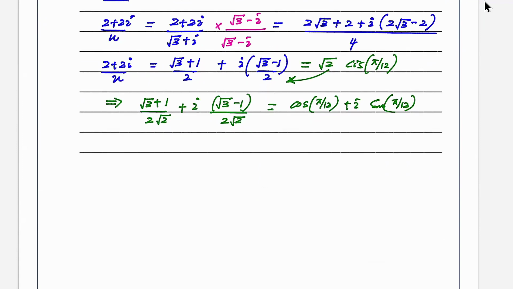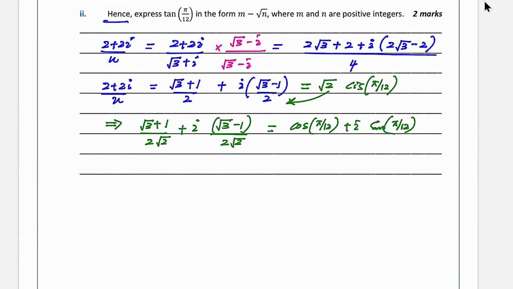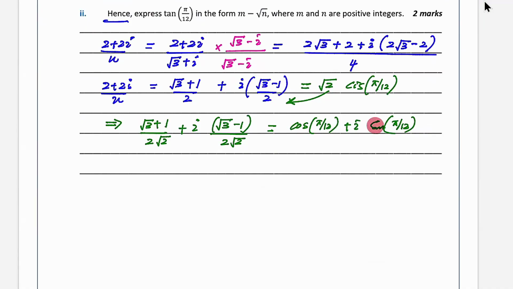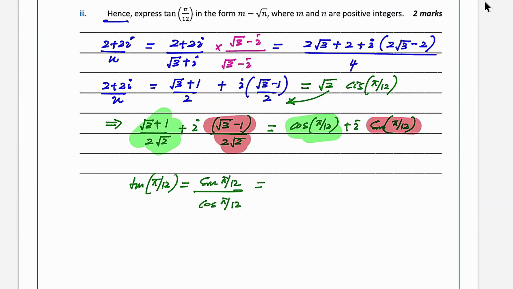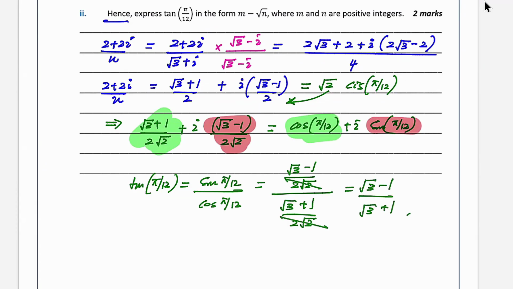Now what is the question? The question is tan pi divided by 12, right? So I get sine here and sine here, cos here and cos here. So tan pi divided by 12, now hence, is equal to sine pi divided by 12 divided by cos pi divided by 12, and that's square root 3 minus 1 divided by 2 square root 2 divided by square root 3 plus 1 divided by 2 square root 2. So when you do that, boom, boom, gone. Answer is square root 3 minus 1 divided by square root 3 plus 1. Game over.